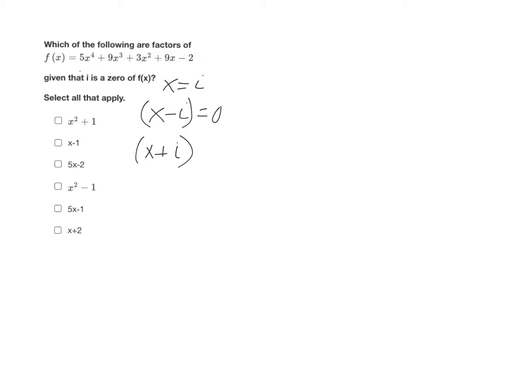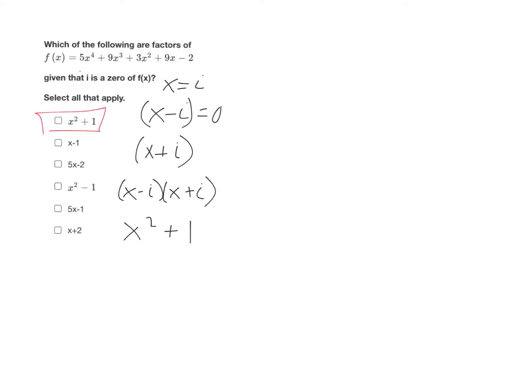So I will start by dividing this whole thing by these. And it's going to make my life much easier if I multiply these two things together first. So I've got x minus i times x plus i. If I do all the multiplication there, I should get x squared plus 1. And hey, that's one of my choices, so that's fun.